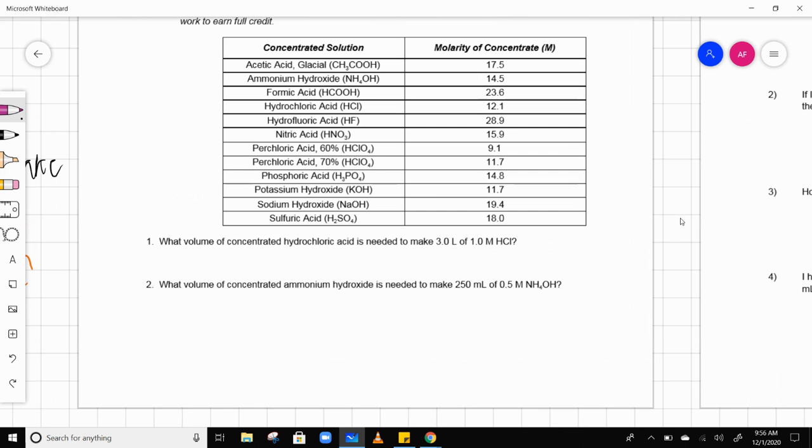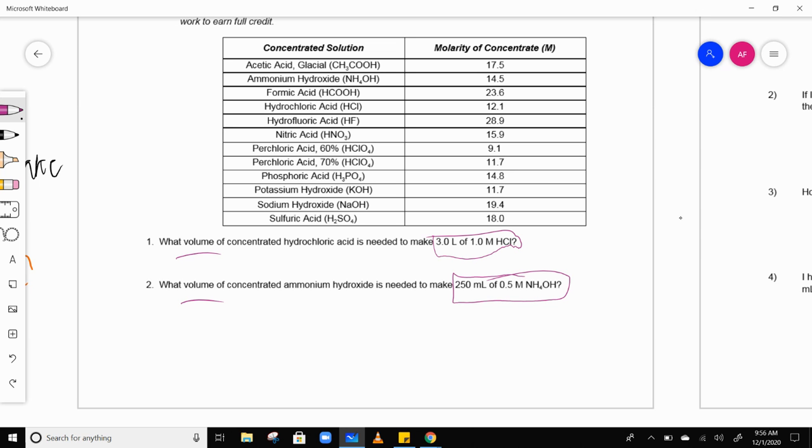For the next problems, very similar to what I just talked about. This one though, they're not asking how much water you're adding. They're just asking what volume of concentrated ammonia you're going to need. So this is your M1V1.